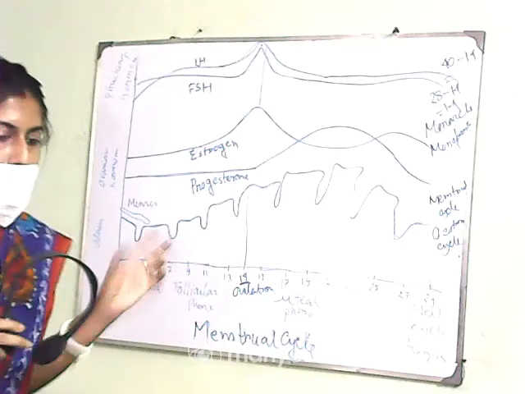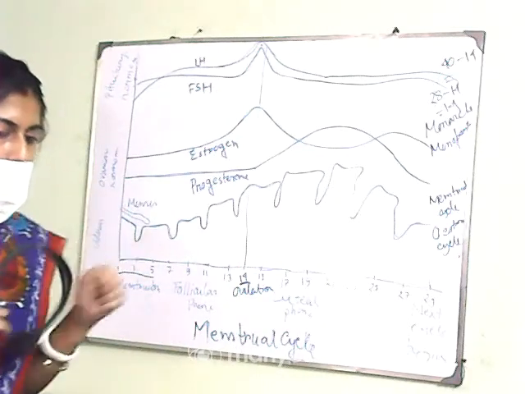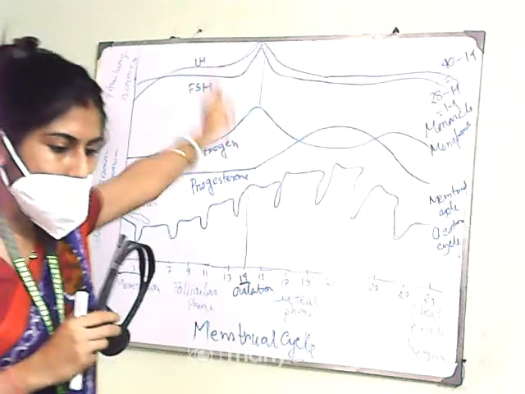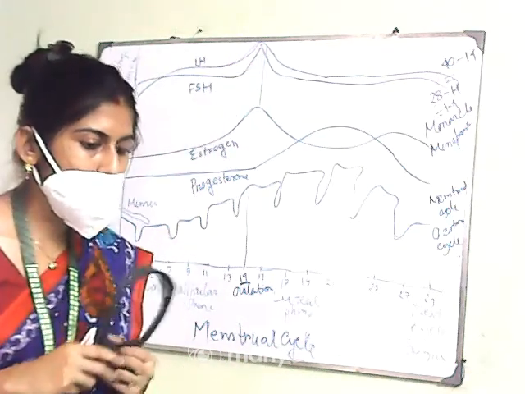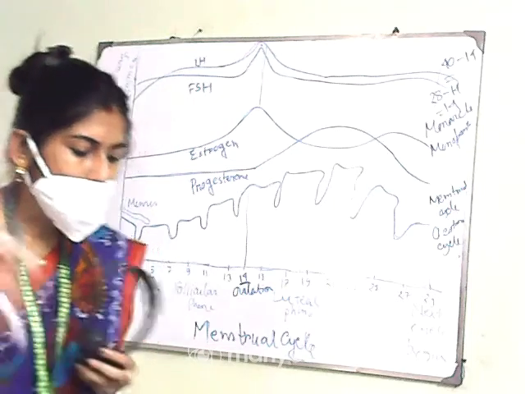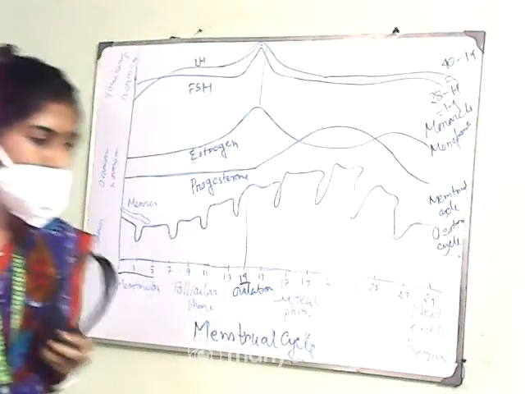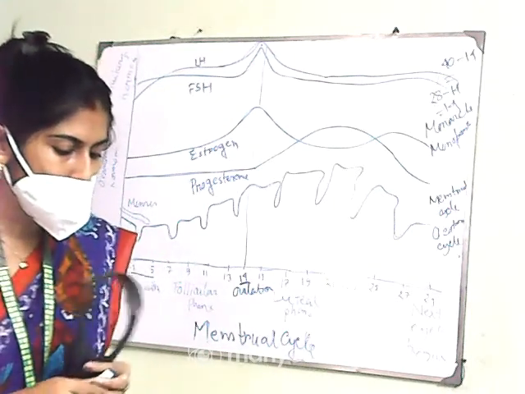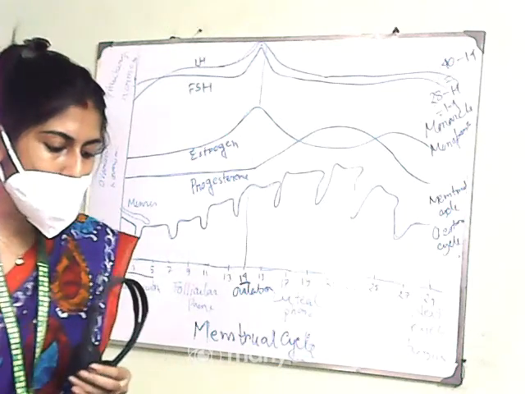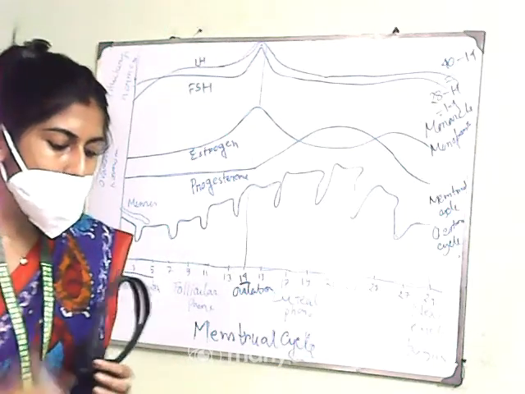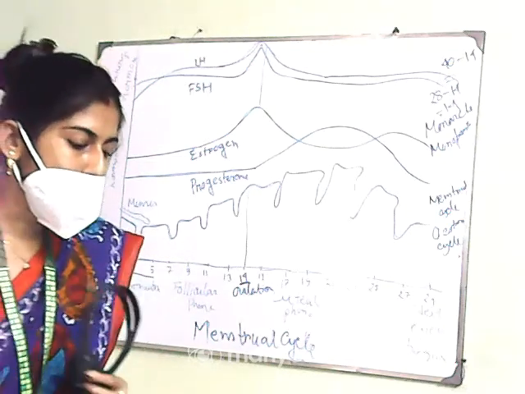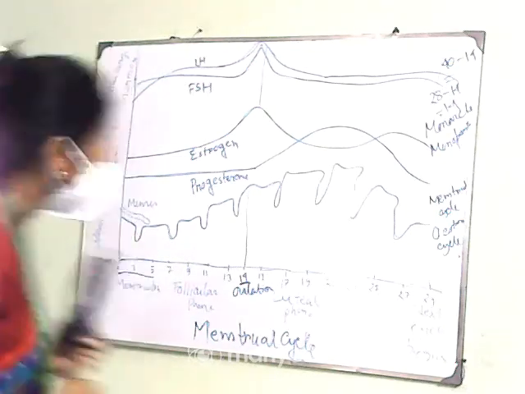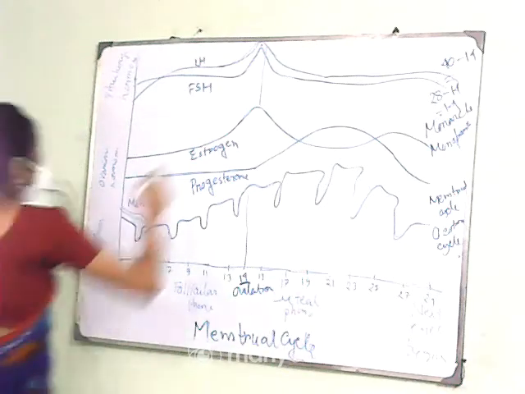Now you can see that both FSH and LH reach a peak level in the middle of the cycle, that is near before the ovulatory phase or ovulation, leading to the maximum level during the mid cycle, which is called the LH surge, which will induce the rupture of the Graafian follicle and thereby release of the ovum, which is called ovulation.